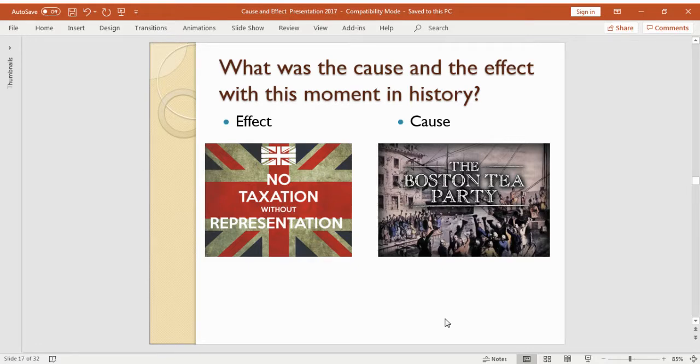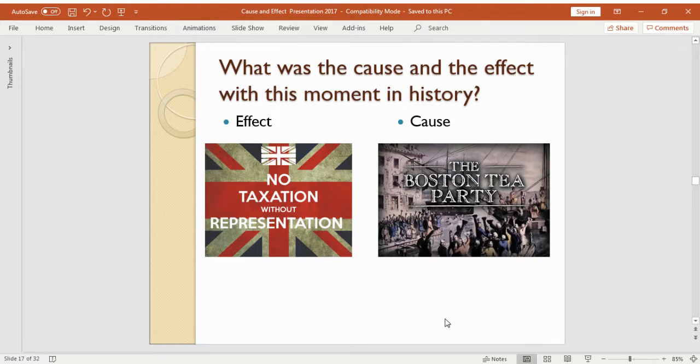If you choose picture number 1 or picture number 2, which one is the cause? Picture number 1 or picture number 2? Looking at the pictures, picture number 1 is actually the cause.